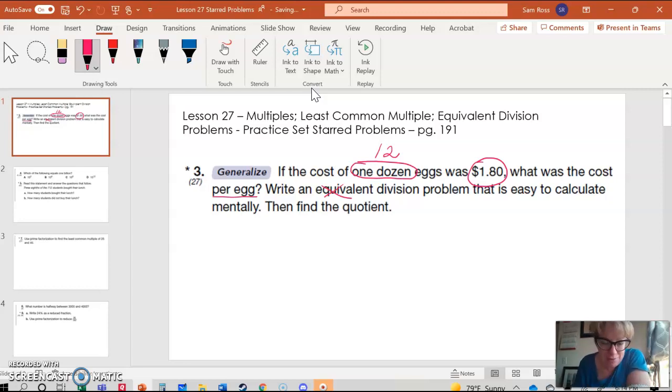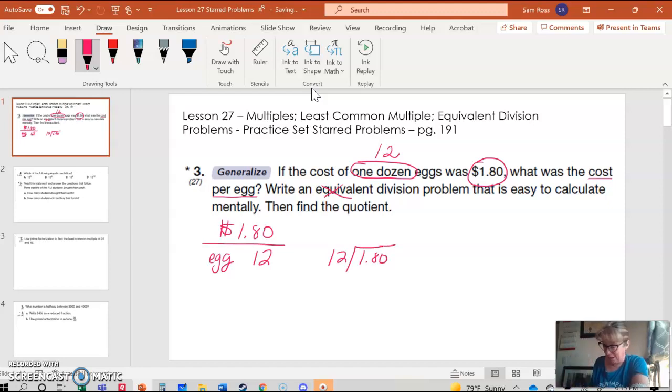I want the cost per egg, so I'm going to put the dollar amount here and the number of eggs here. So I'm going to divide 180 by 12, and I'm going to do it on my handy dandy calculator. 180 divided by 12 is 15 cents. So it's 15 cents per egg.